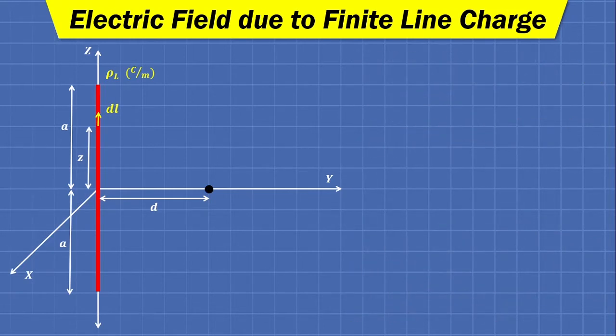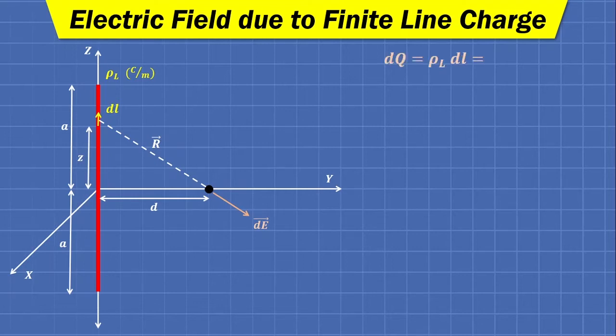Considering this dl, we first need a distance vector from dl to point P. I have mentioned it as r bar, and the direction of the intensity due to dl will be the same as the direction of the distance vector.